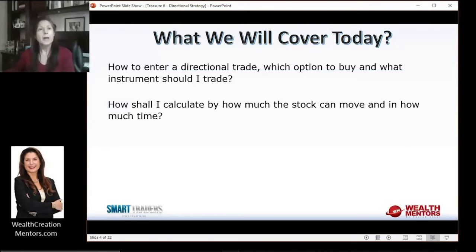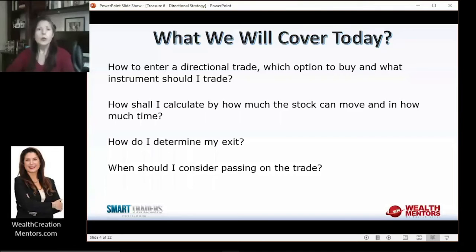And how much time am I looking to be in the trade? How do I determine when to exit? Remember, we always have exit strategies, and they're always based on two components: either my price target is hit or my time frame of being in the trade has arrived. When should I consider passing on this trade?